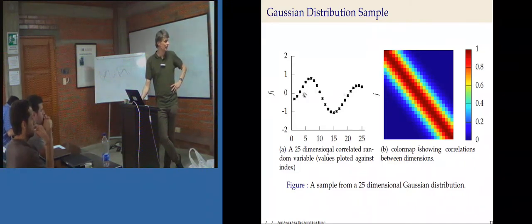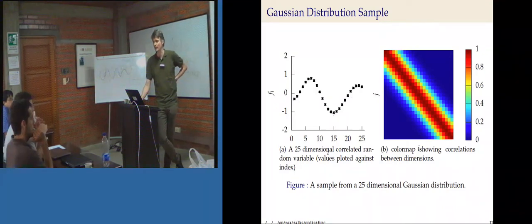Now this here is one sample from this covariance, directly. It's one 25-dimensional sample. And I think it's a remarkably odd thing to be able to do this, to see a sample from a Gaussian density that looks like a very smooth function. I think this is against your intuition about what it would look like.